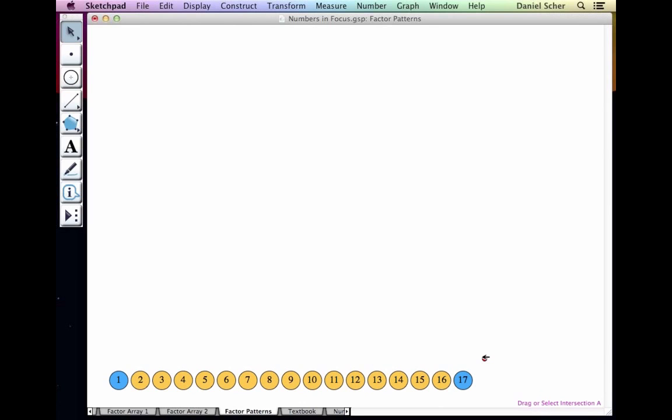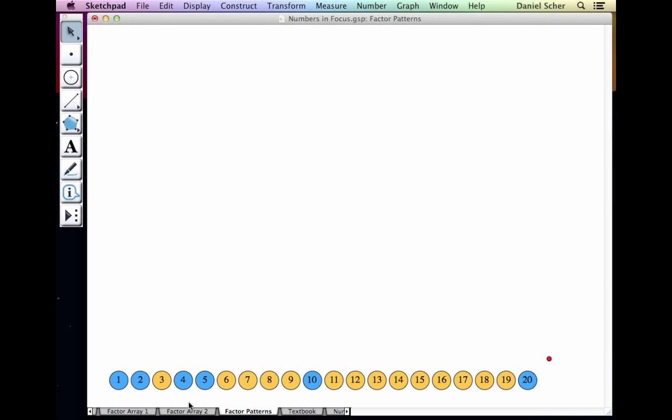If I make an array with one row of 20 circles, we could ask students to predict what other arrays we can make with 20 circles, just like what we could have asked on the previous page. But here we have some more information.